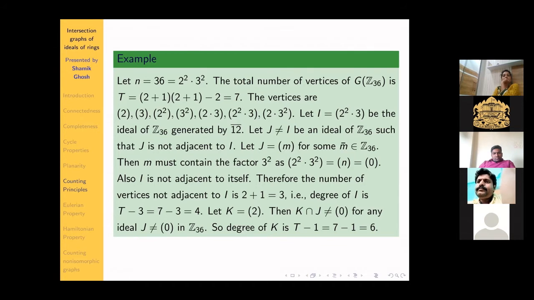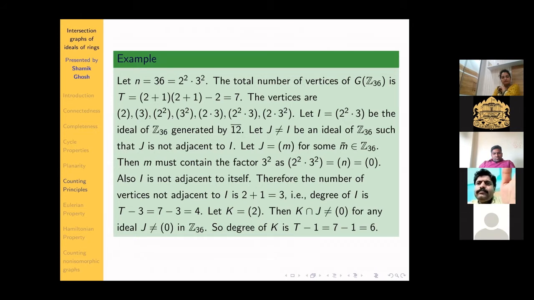So particularly, suppose we want to know the degree of the ideal generated by 12, that is 2 square into 3. Any ideal that is not adjacent to this must contain 3 square, so that the LCM becomes 36. You see that there are 2 ideals containing 3 square.